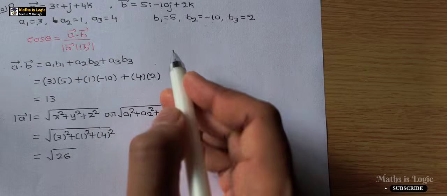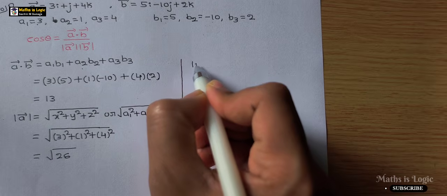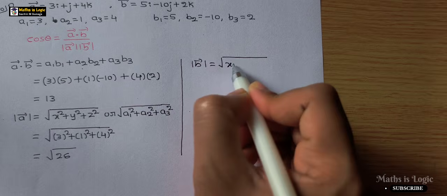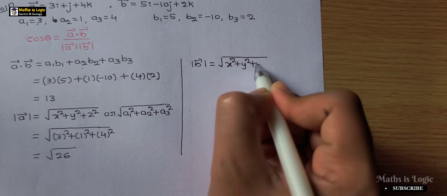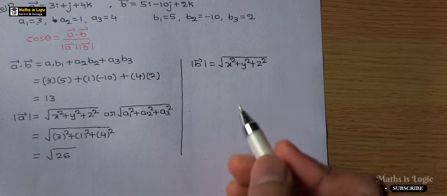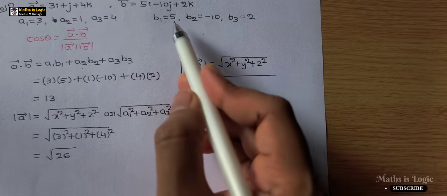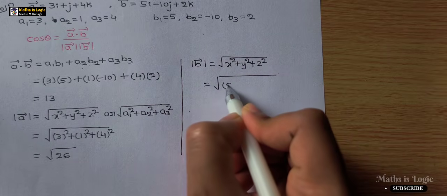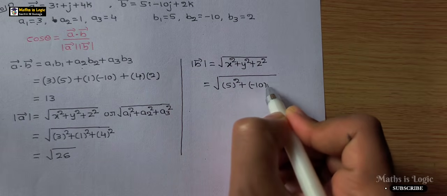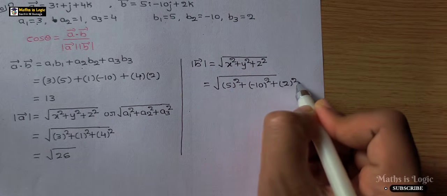After that, next find magnitude of b vector. So magnitude of b vector is equal to, again formula is same, square root of x square plus y square plus z square, otherwise square root of b1 square plus b2 square plus b3 square. Now substitute: x becomes 5 square plus y becomes minus 10, minus 10 square, plus z becomes 2, so 2 square.